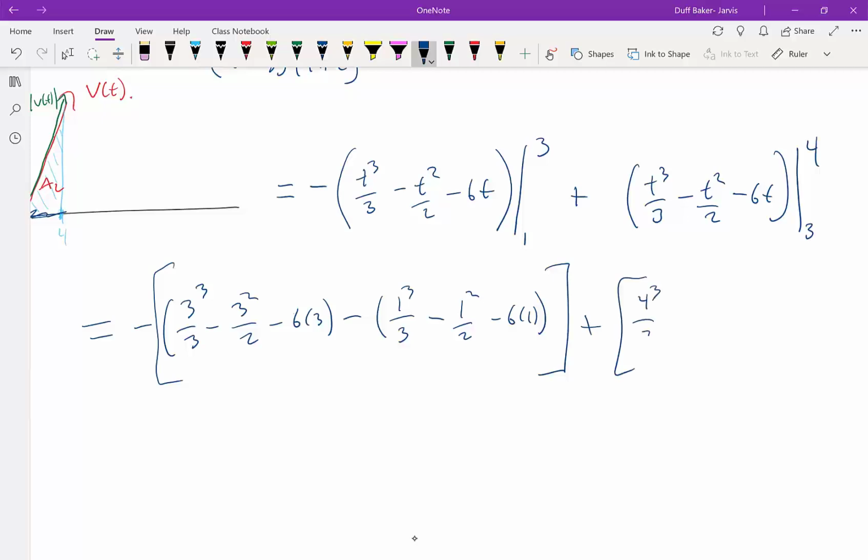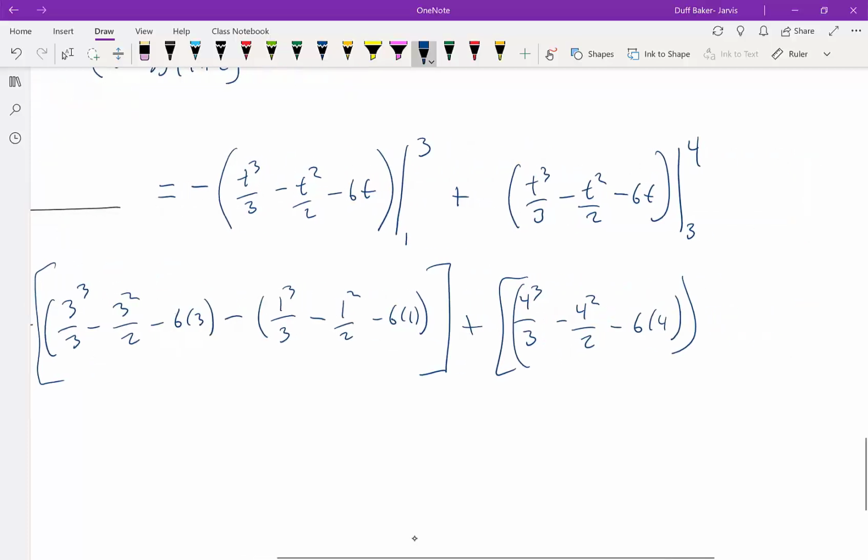Four cubed over 3 minus 4 squared over 2 minus. So that would be plugging 4 in, and then you have to plug 3 in. Minus. Okay, so you get this big long thing, right?